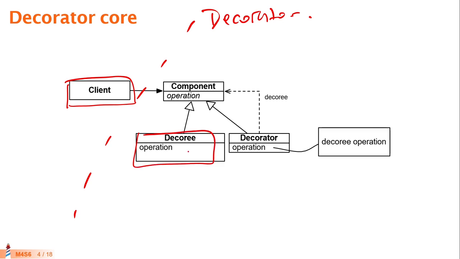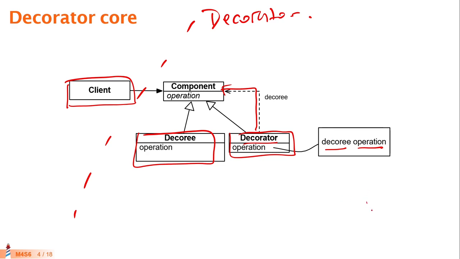It is the object that is going to do the main operation. And then we are going to have decorators that are going to wrap this decoree to extend the behavior. By default, a decorator will know the decoree and delegate the operation to the decoree.